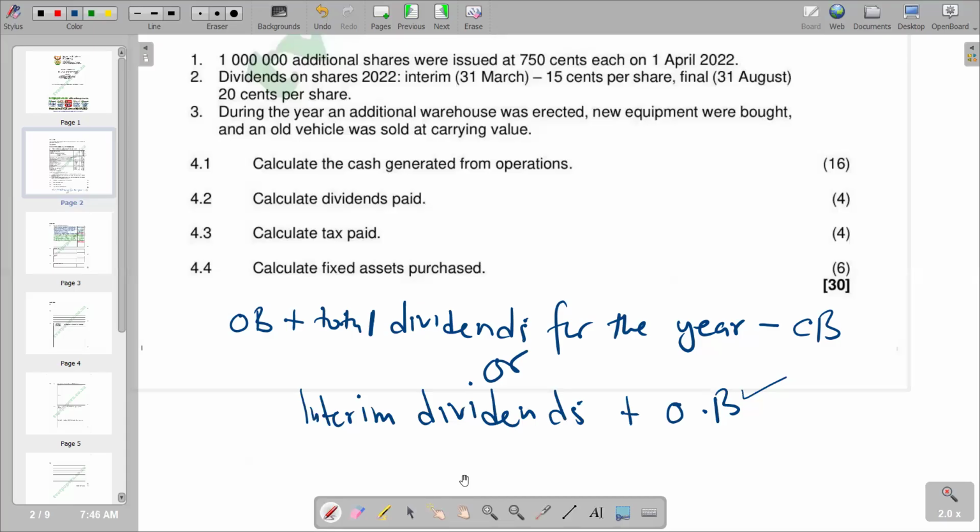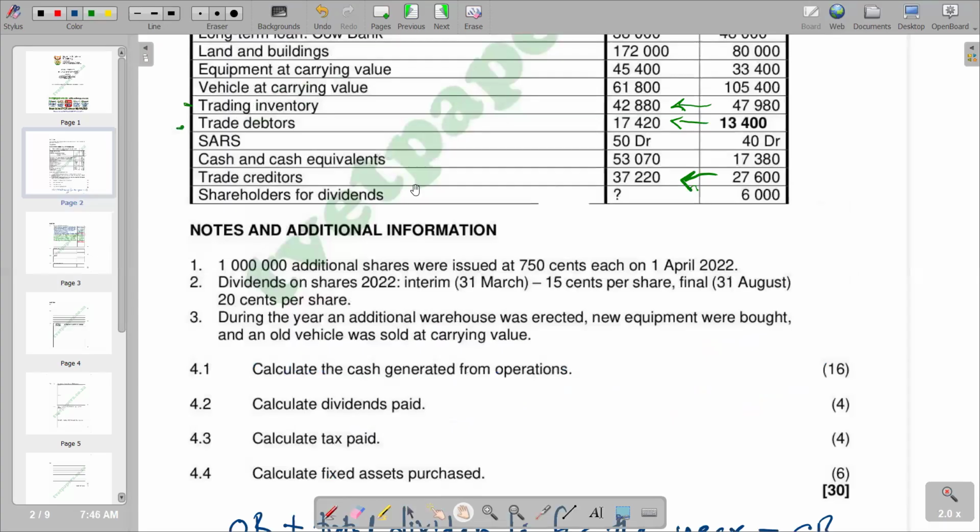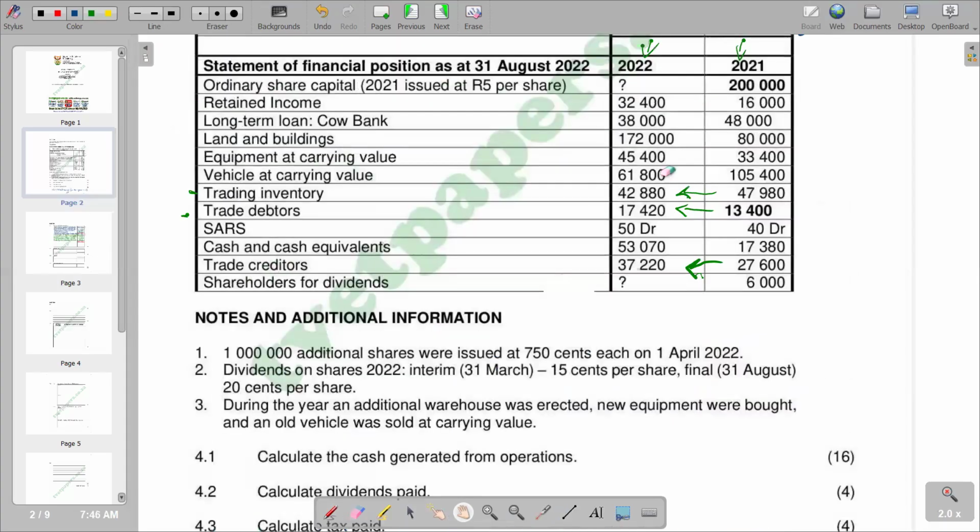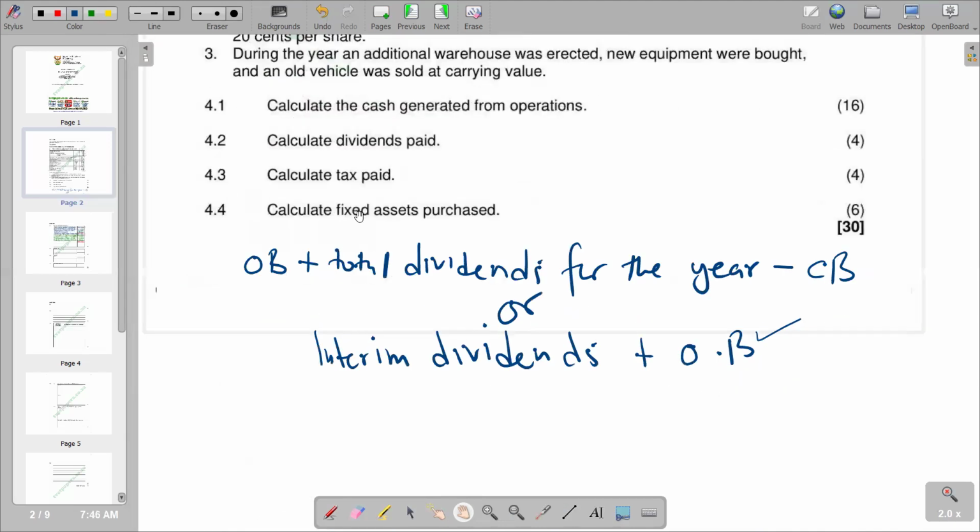So we can just refer to the opening balance that we have. We can look for shareholders for dividends. You can see that shareholders for dividends is here, and then the opening balance is 6,000. So in other words, we already have 6,000 here, and then we add it to our interim dividends.